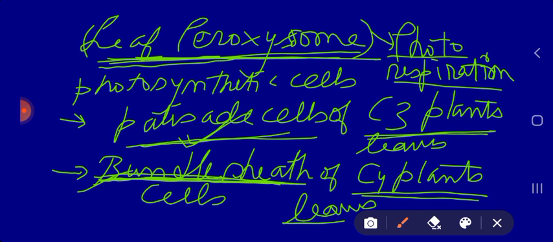So the main peroxisome function is in the photorespiration process, right? So this was all about your peroxisomes and glyoxysomes. I hope you have understood the whole concept of peroxisomes and glyoxysomes.